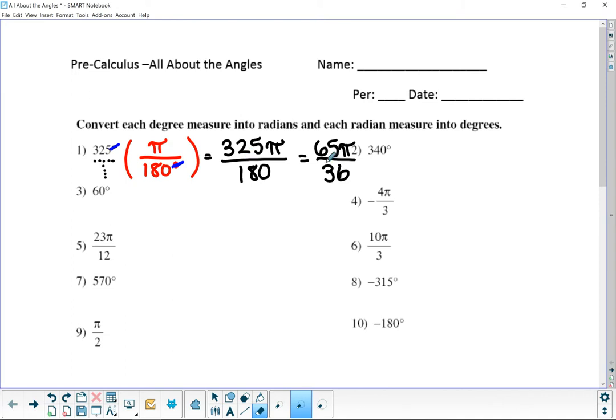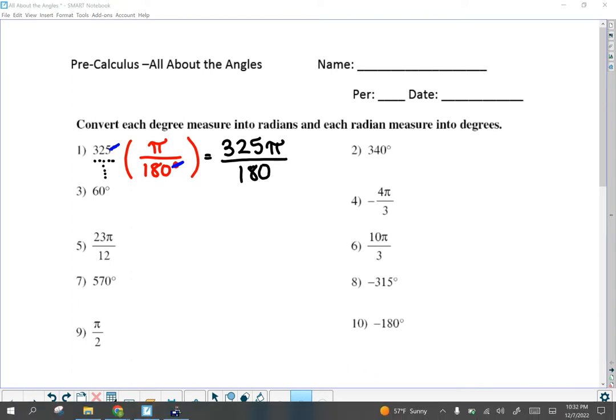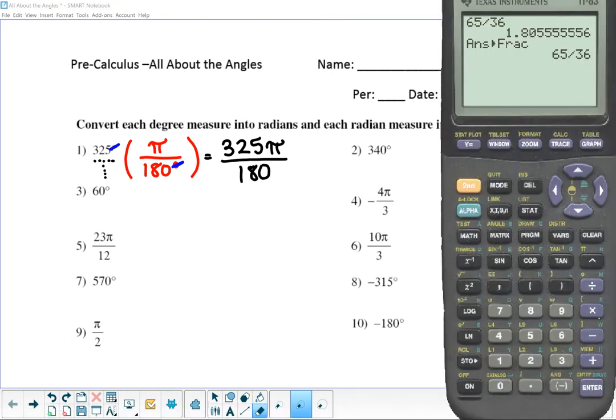If you notice, I could have done that from the start. I didn't have to know how to divide by 5. I could have put in 325, without the pi, divided by 180. I can just straight up divide that, then hit the math button and convert that to a fraction, and I'll get 65 over 36.